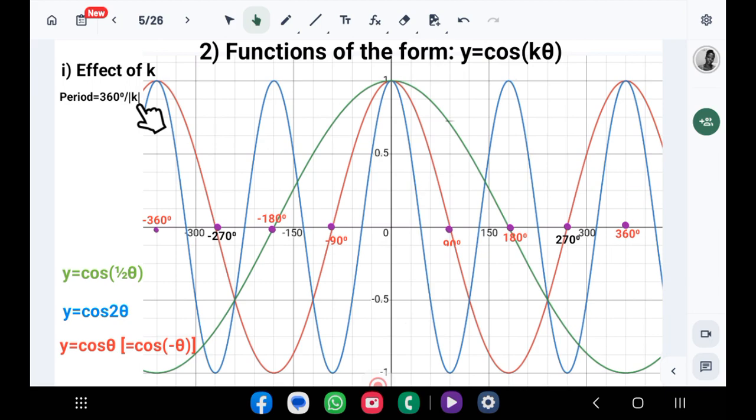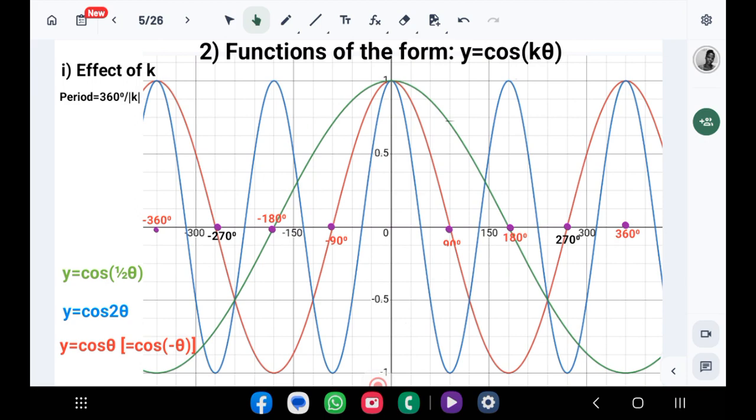The absolute value makes sure that it does not matter whether your k is positive or negative, because the sign of k may affect the shape, but it will not affect the period. It is the size of k that affects the period.